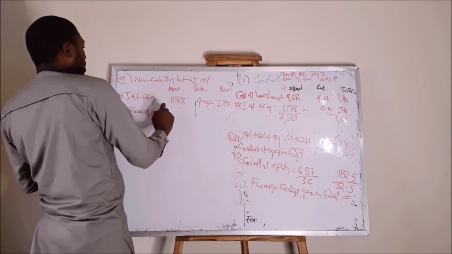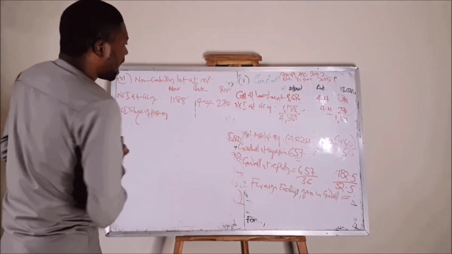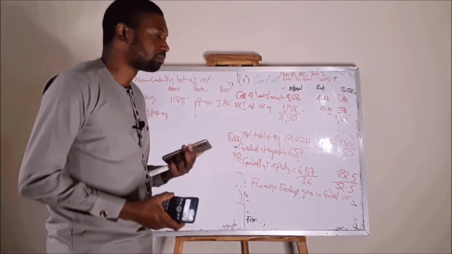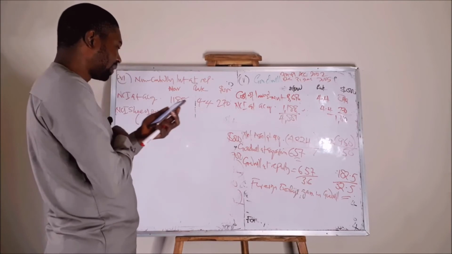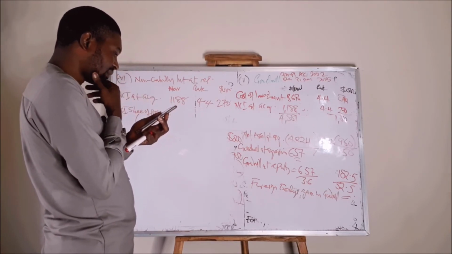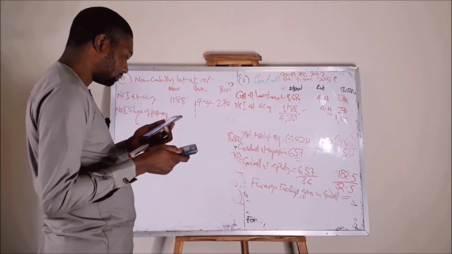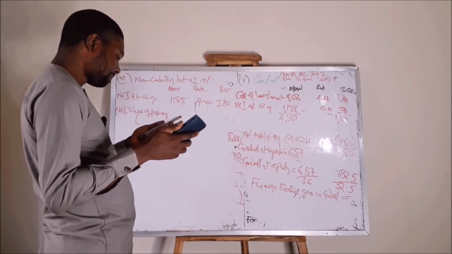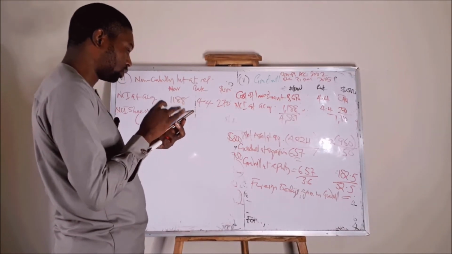Post acquisition profit. Now, if you check very well, our post acquisition profit, if you go to step 2, if you can remember, we say our post acquisition profit. Okay, let's go to post acquisition profit.